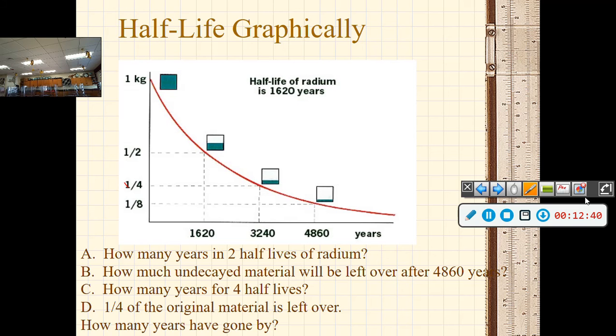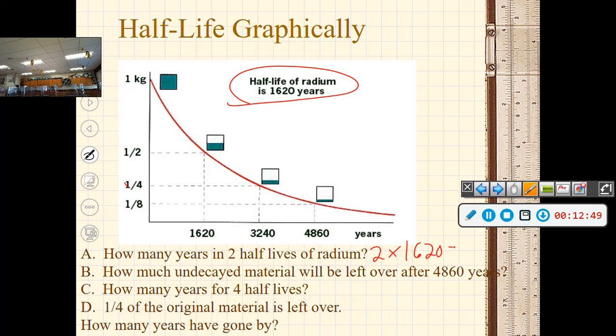They already gave you that half-life is this. So all you have to do is go 2 times 1620, and that will give you the answer. Or look for the fraction that corresponds to 2 half-lives, which is 1/4. And your answer is this one here. So the answer is 3,240 years.